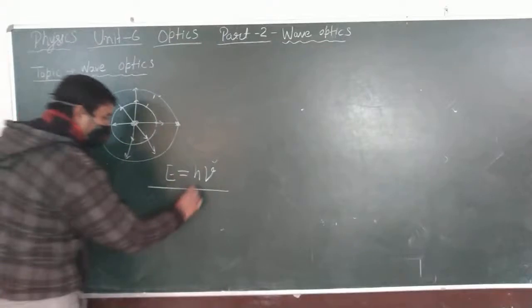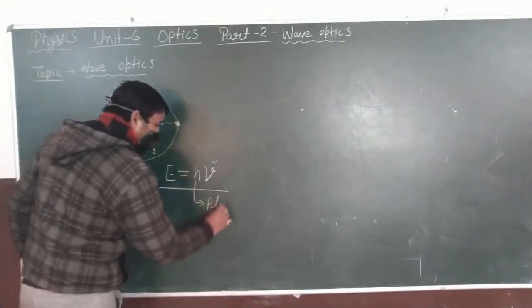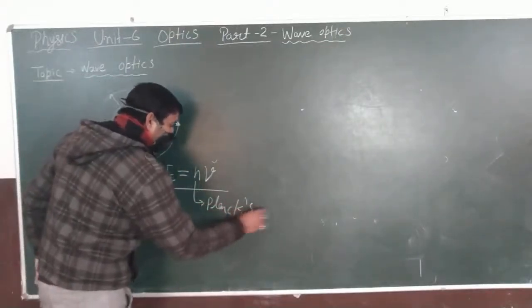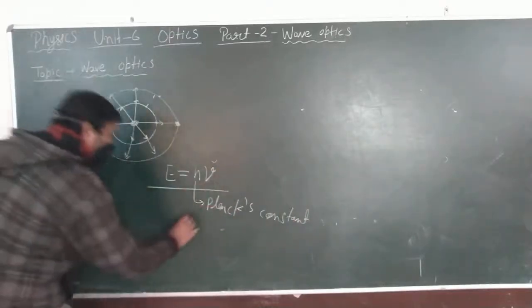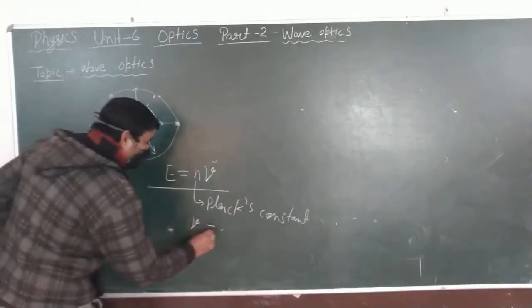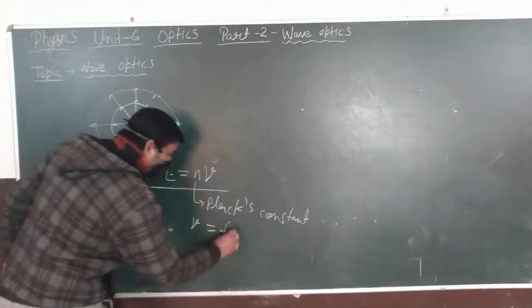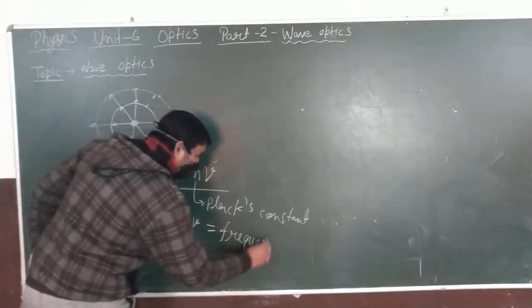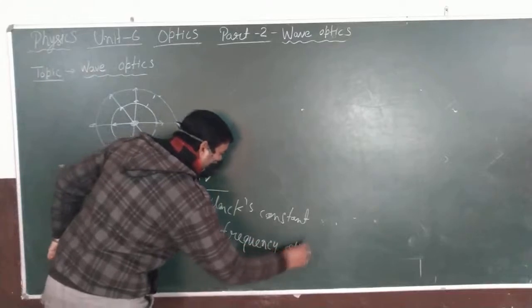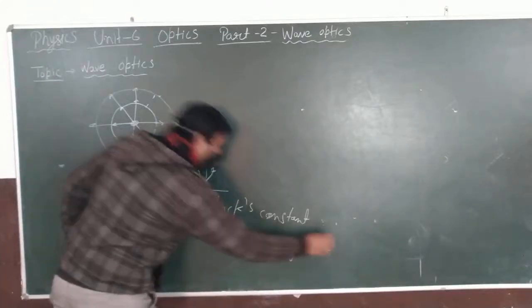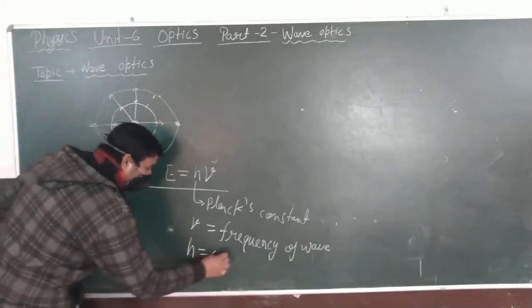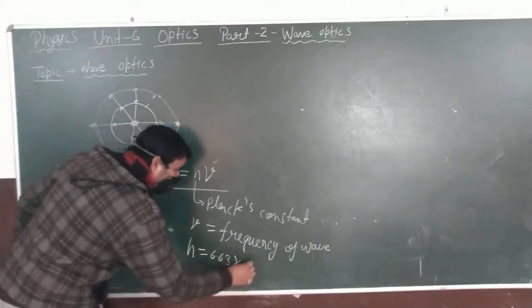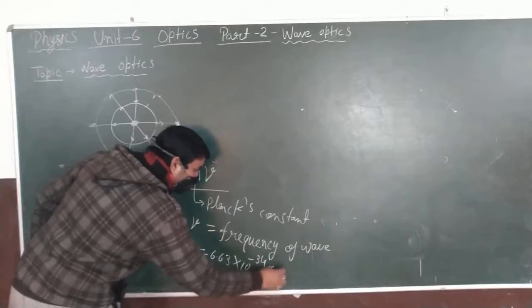They have energy E equal to h nu, where h is the Planck constant and nu is the frequency of the wave. The value of the Planck constant is 6.63 times 10 to the power minus 34 joule second.